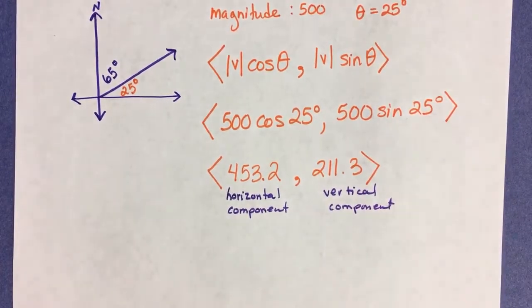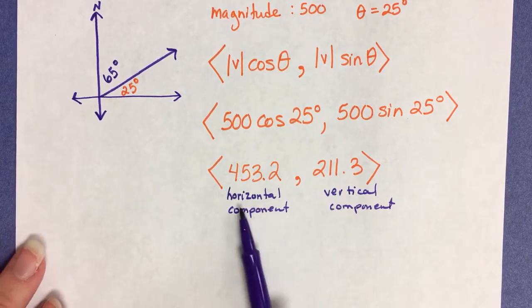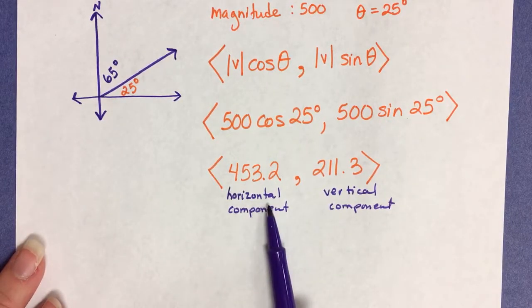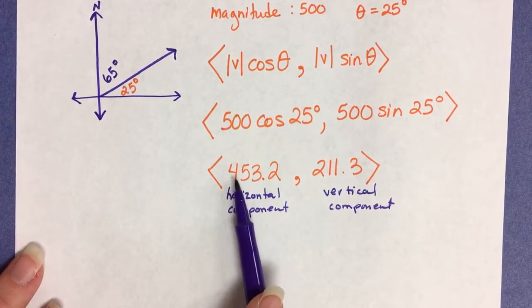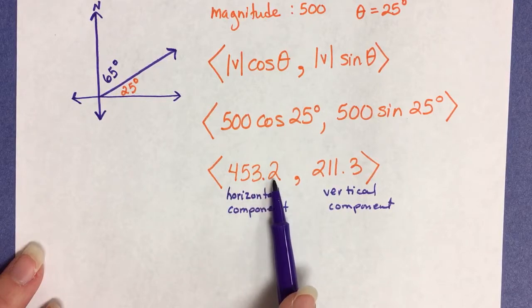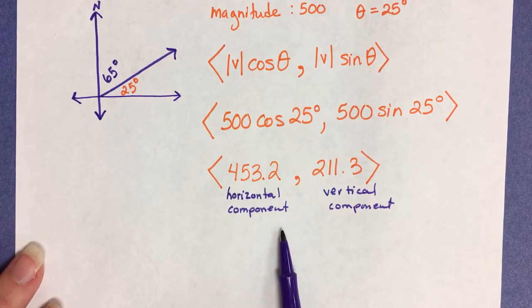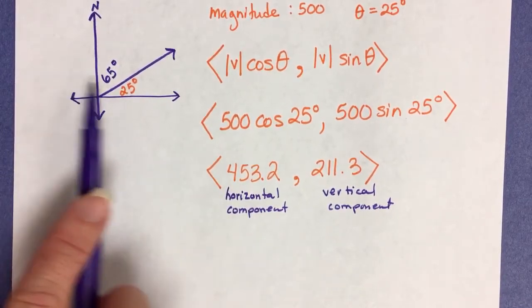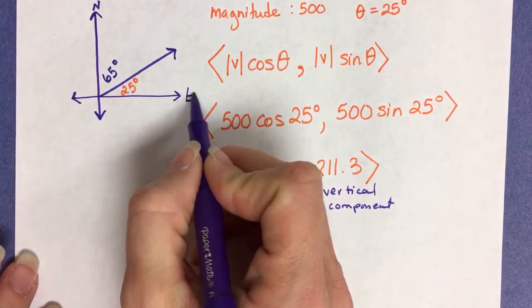If this is the horizontal, that means this jet is going 453.2 miles per hour toward the east, because if this is north, then over here is east.